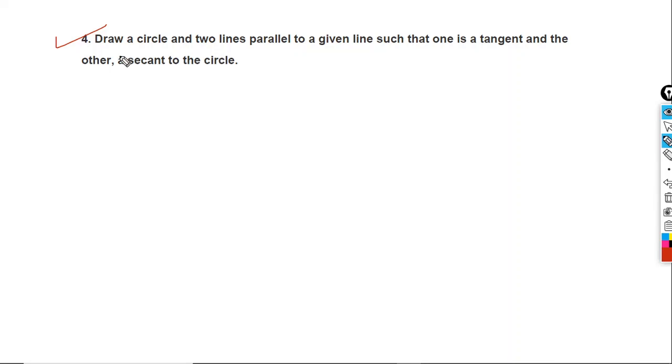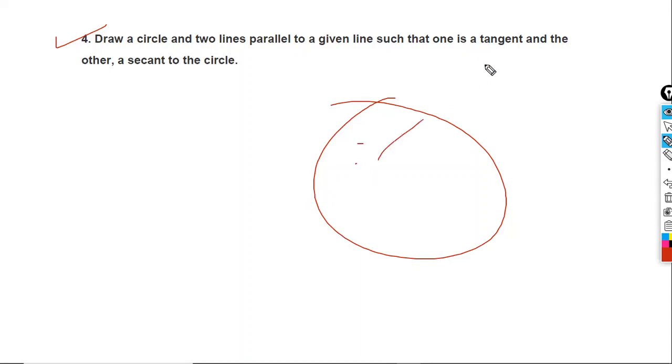Draw a circle and two lines parallel to a given line such that one is a tangent and the other is a secant to the circle. Okay, draw a circle. It is saying two lines parallel to a given line such that one is tangent and the other is the secant. You just draw a secant first. Okay, then you draw a tangent parallel to it.